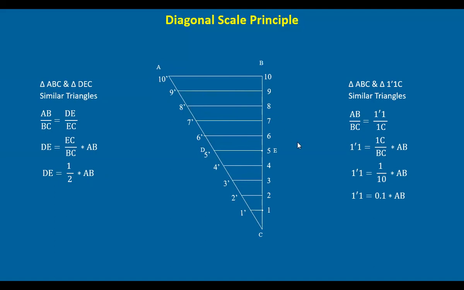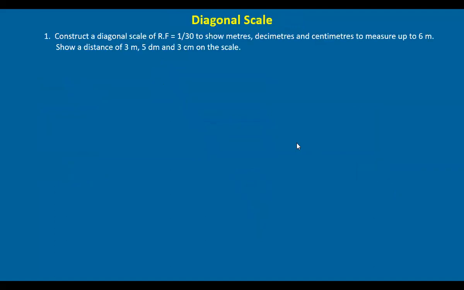So let's apply this to a problem. We take a problem here: construct a diagonal scale, RF is given. We want to show meters, decimeters, and centimeters to measure up to 6 meters maximum length. Calculate the length of the scale: RF into maximum length gives 20 centimeters.